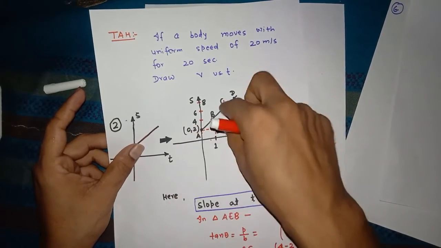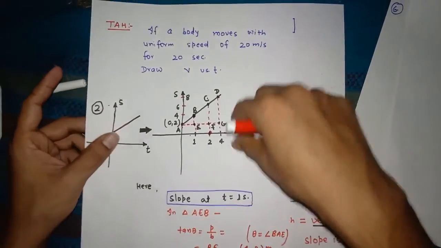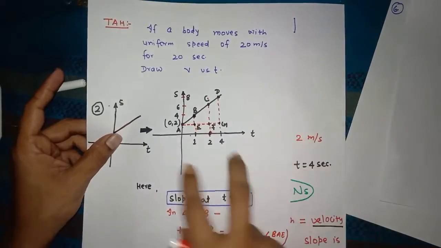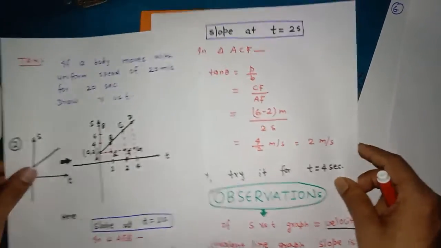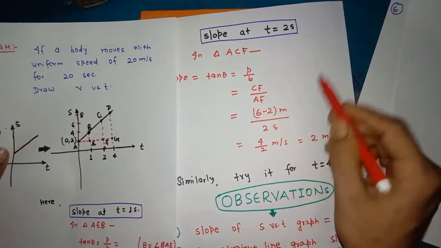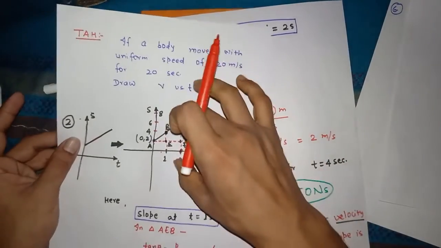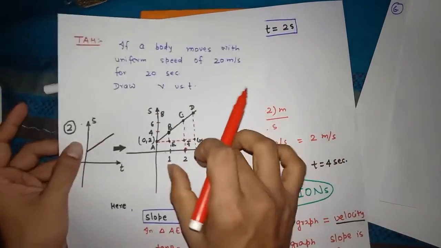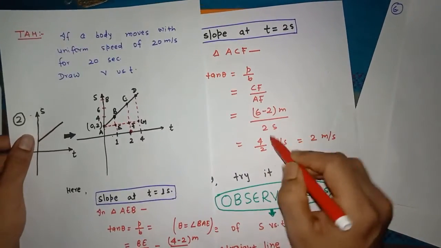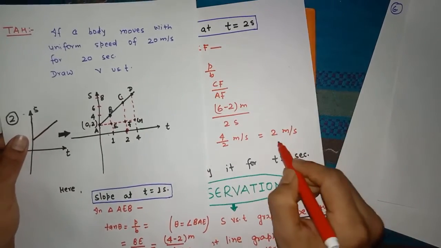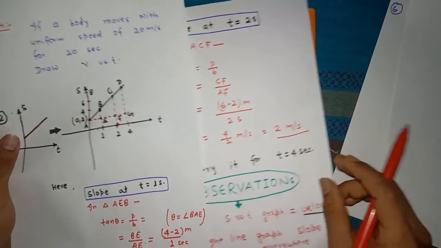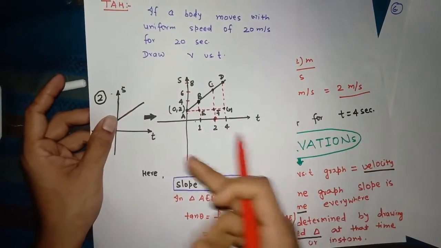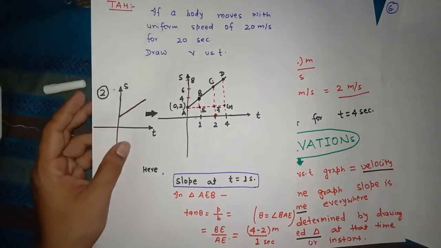Both are positive, and we can find the value of CF as this minus this, and AF is like this. So tan theta is p by b, CF by AF, which is 6 minus 2, that is 4 meter, over 2 seconds. So 4 by 2 is 2 meter per second. Similarly, you can try it out for t equal to 4 seconds. You have to try it out yourself.